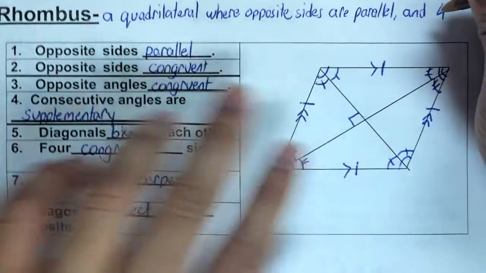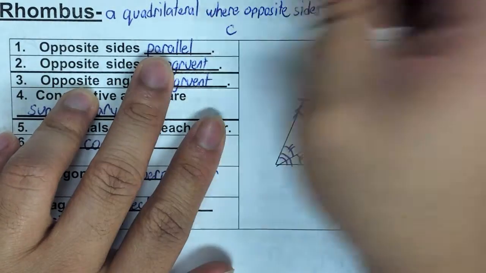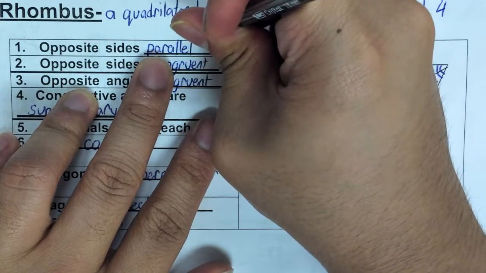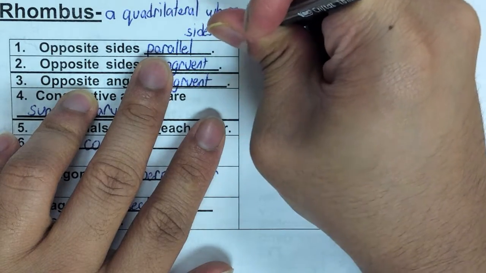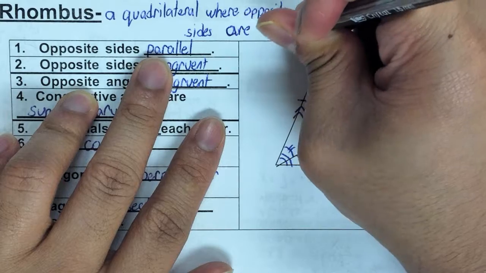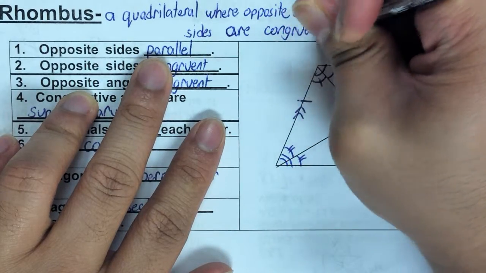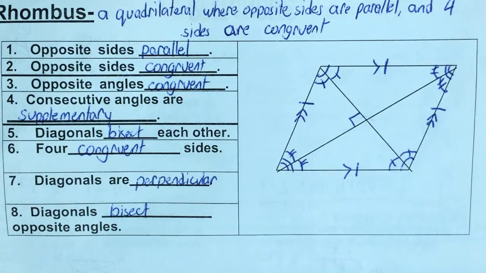And the extra condition is 4 sides are congruent. All 4 sides are congruent.